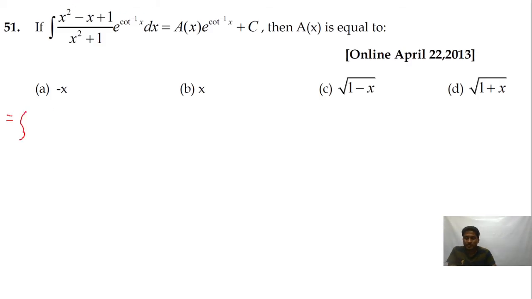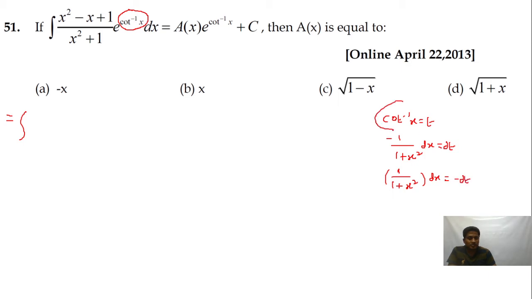Okay, so integration of, I'm going to put cot inverse of x is equal to t. Differentiation of cot inverse of x is minus 1 by 1 plus x square, dx is equal to dt. So 1 by 1 plus x square dx is equal to minus dt.